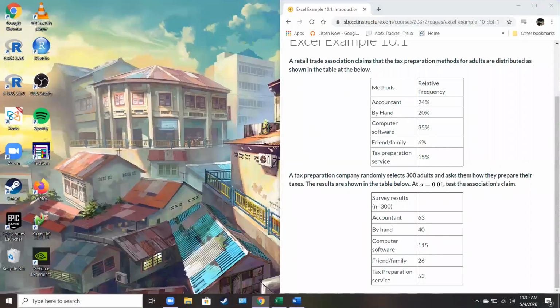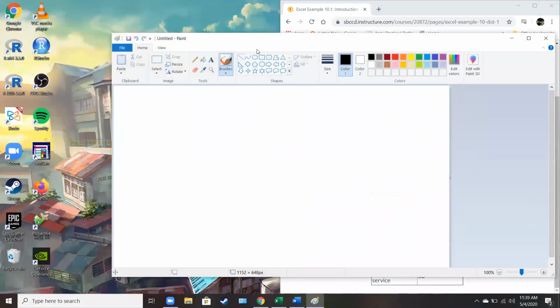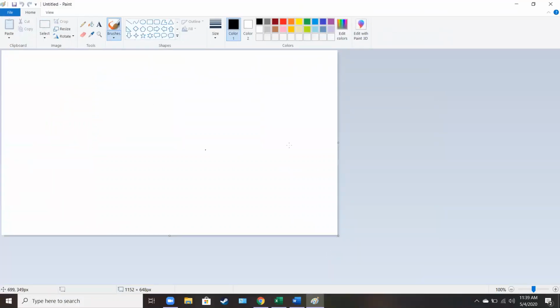Let me try to do this in Paint. Excuse my awful drawings again. All right, so the chi-square distribution, let's redo that, is a skewed right distribution.